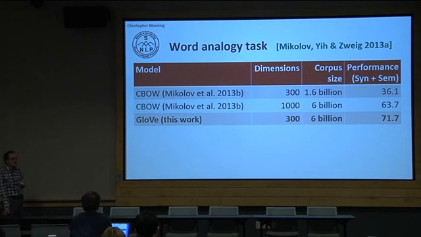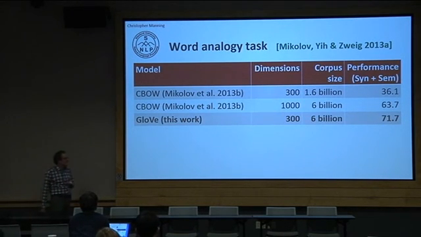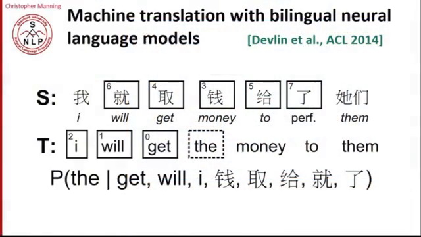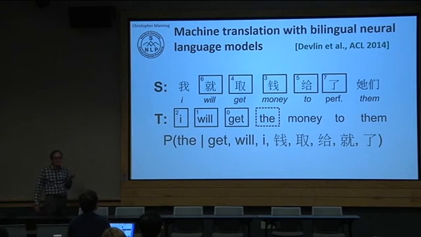What can you do with these kind of word representations? Many things. They're very good for lots and lots of natural language tasks, but I thought I'd just mention one of them. This is some recent work from Jacob Devlin at BBN in making use of these distributed word representations in machine translation.